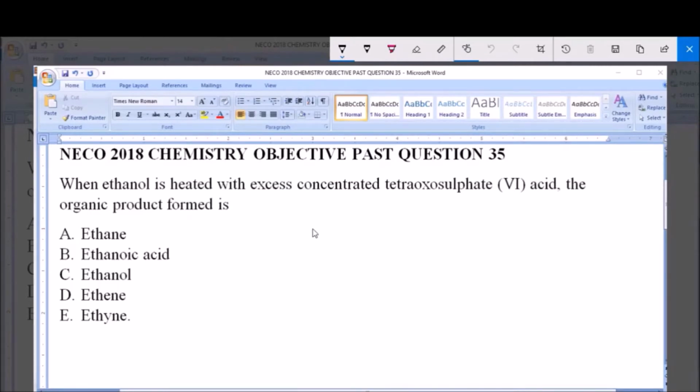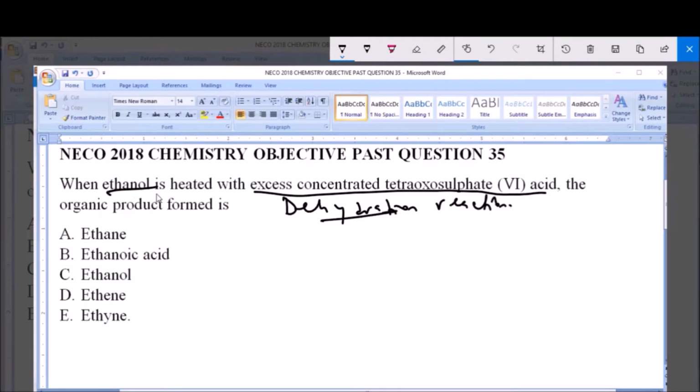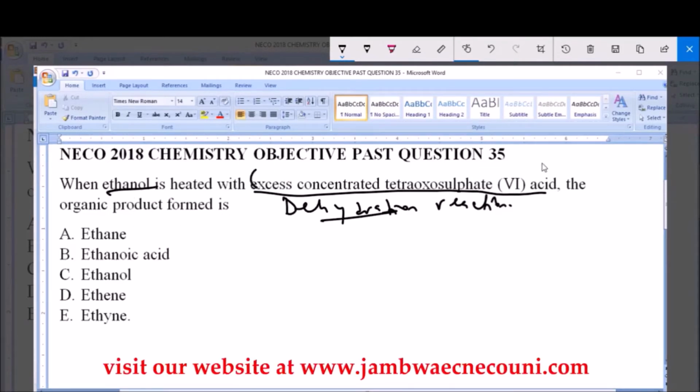So this reaction, ethanol being heated in the presence of excess concentrated tetraoxosulfate 6 acid, is known as a dehydration reaction. So the reaction is called the dehydration of ethanol using excess concentrated tetraoxosulfate 6 acid.